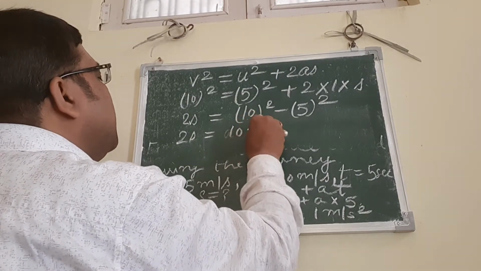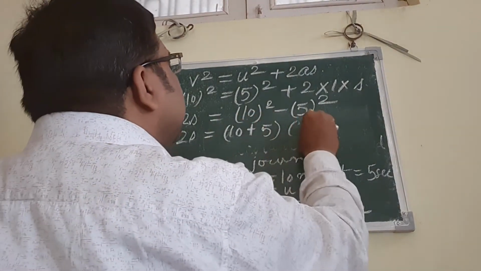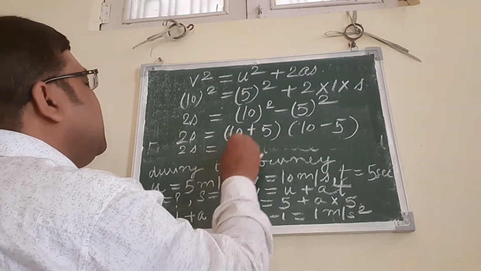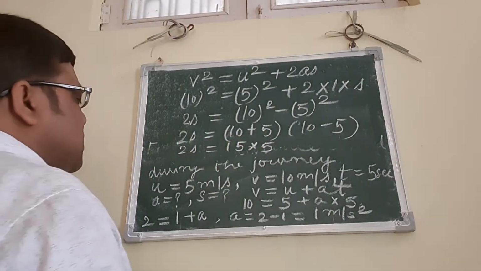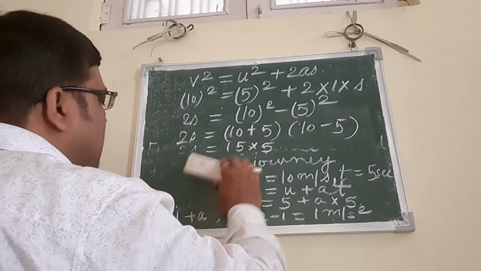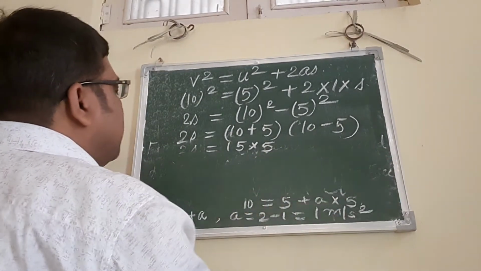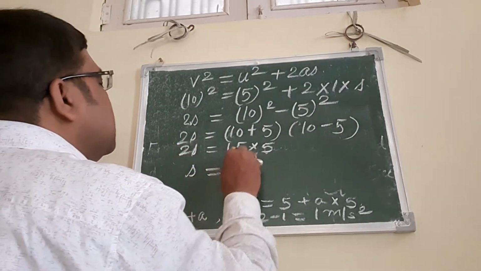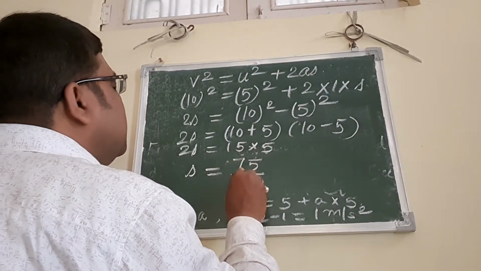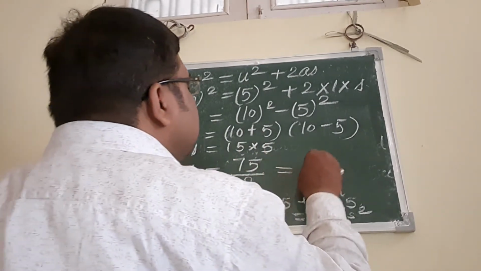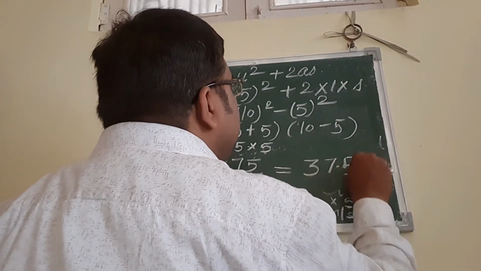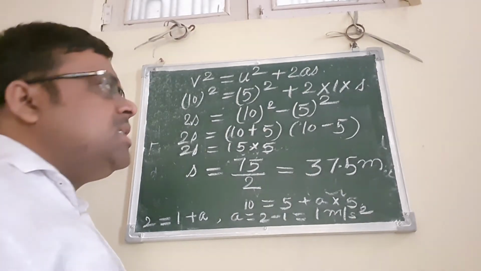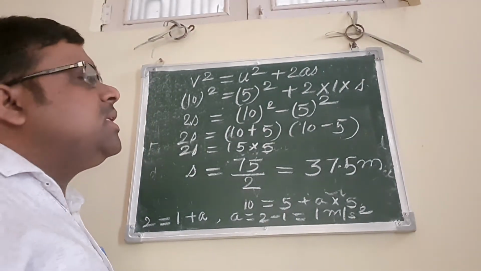So it becomes 10 plus 5, 10 minus 5. So 2s is equal to 15 into 5. Now solving this equation, so s is equal to 75 upon 2. So it becomes 37.5 meters. So this is our answer. This is the distance moved by the body during the journey.